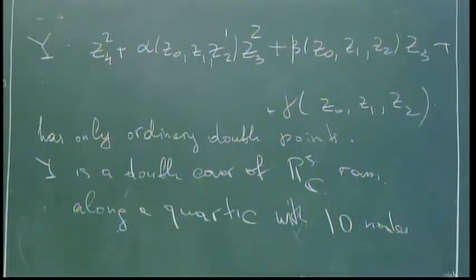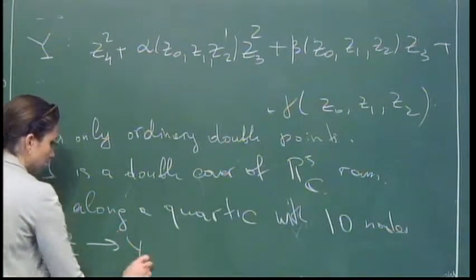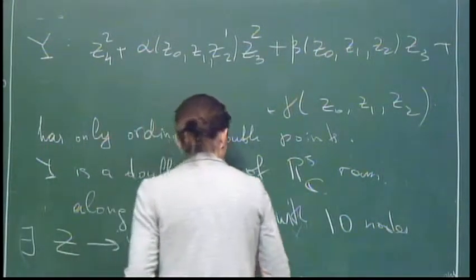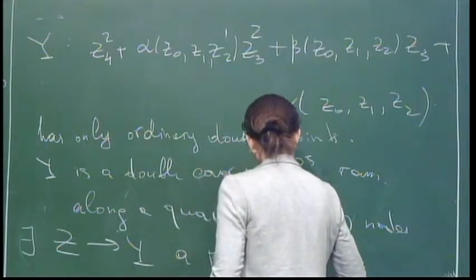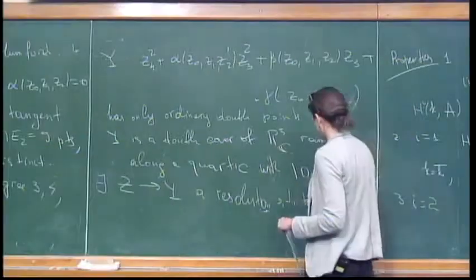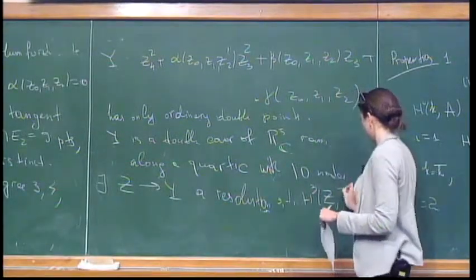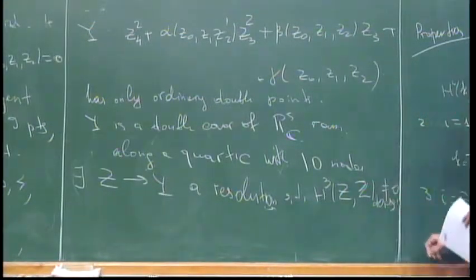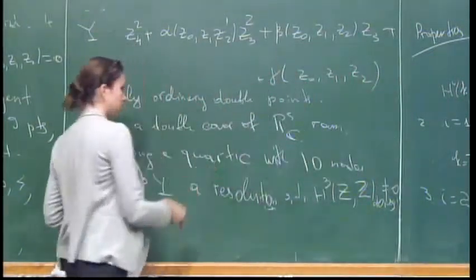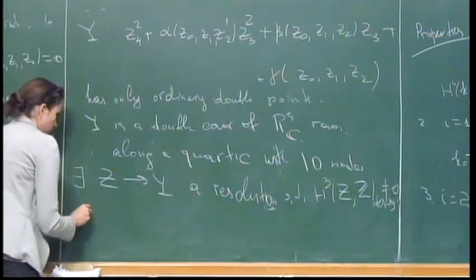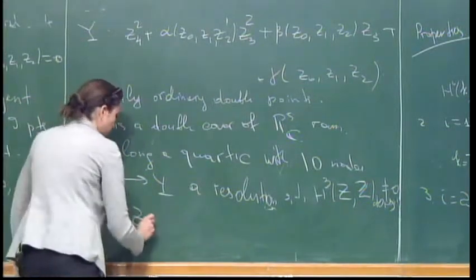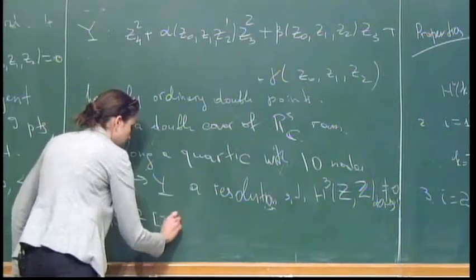Then what Artin and Mumford show is that there exists a resolution of singularities, which you can obtain just by blowing up these points, such that the invariant H3 torsion, as I already mentioned in the first lecture, is non-zero. It turns out that here this invariant equals the Brauer group, so the 2-torsion of the Brauer group of Z is non-zero.